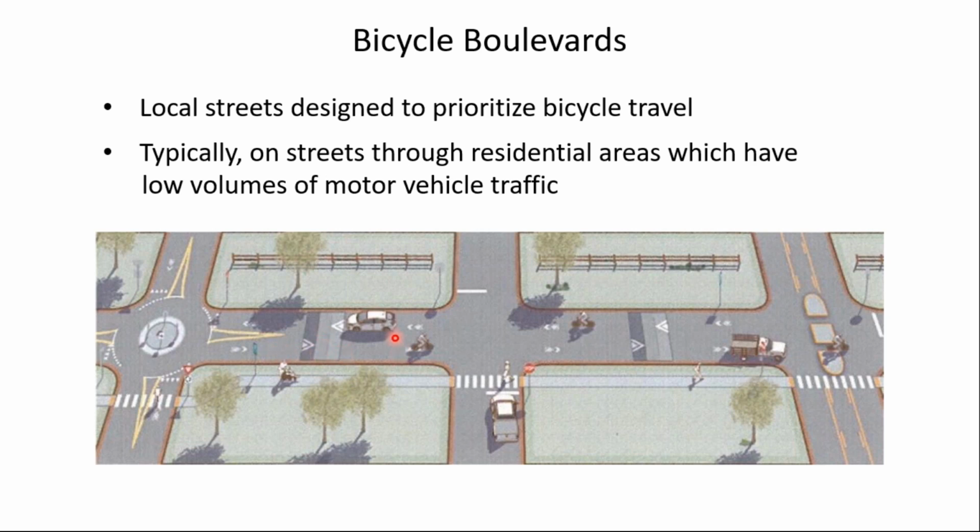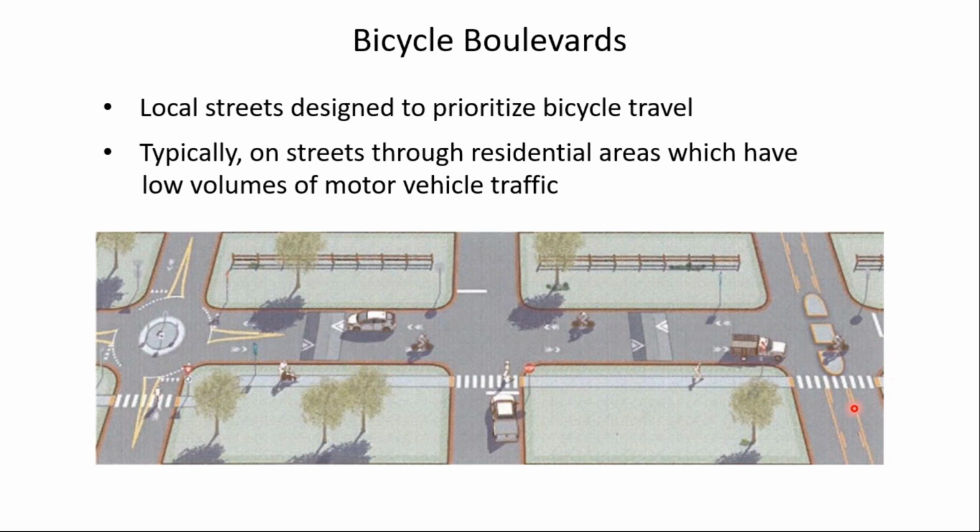Notice there's bicycles and motor vehicles, but also notice there's, in this case, speed humps to slow traffic. On the left side here, there's a residential area traffic circle to bend the traffic stream to keep speeds low.